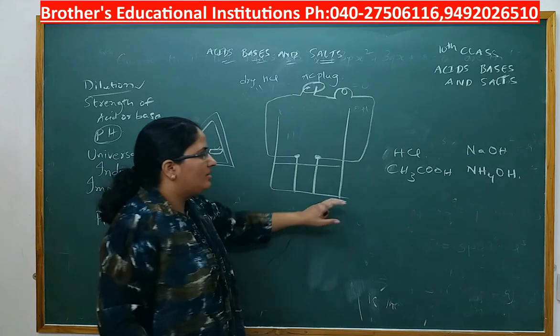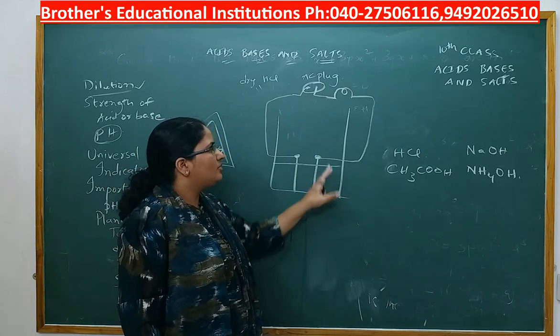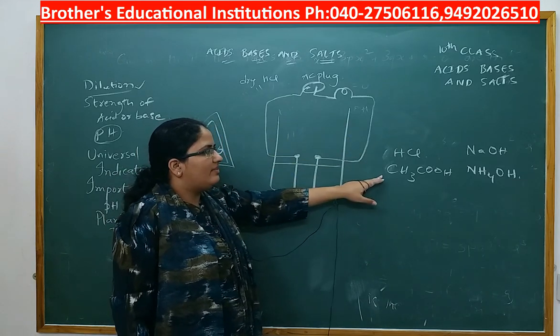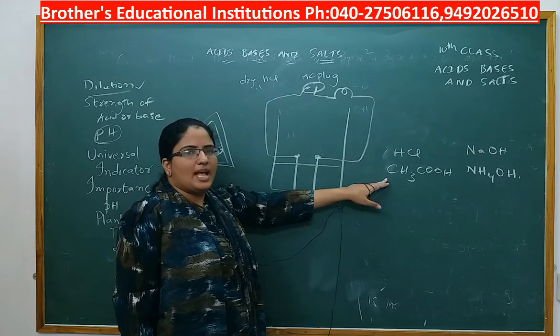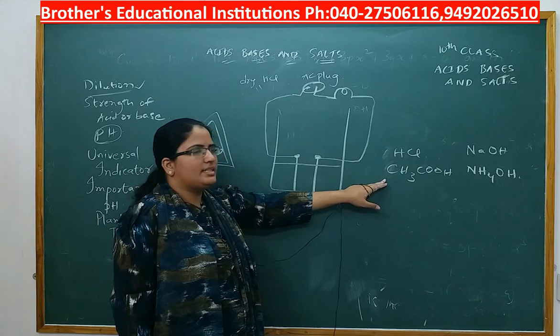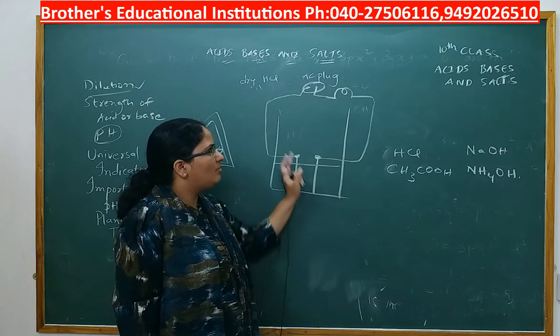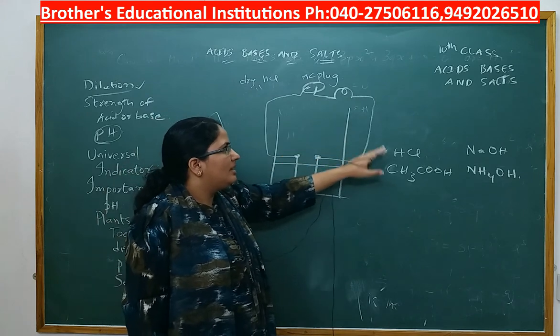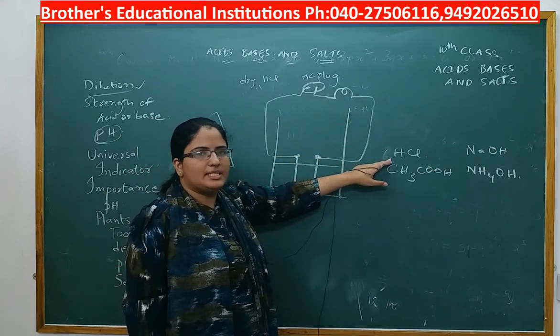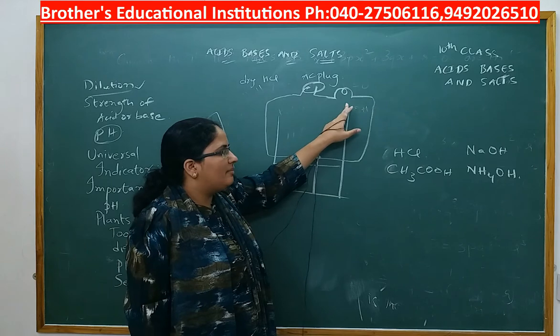First add dilute hydrochloric acid solution to this. You find that the bulb glows. Then you add acetic acid, CH3COOH. In both cases the bulb glows, but when you add HCl, the bulb is brighter.